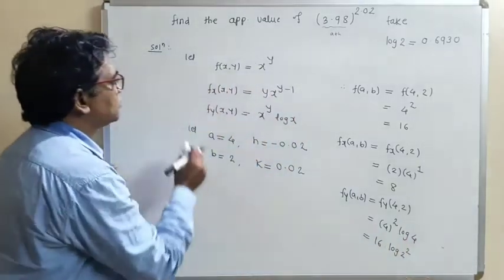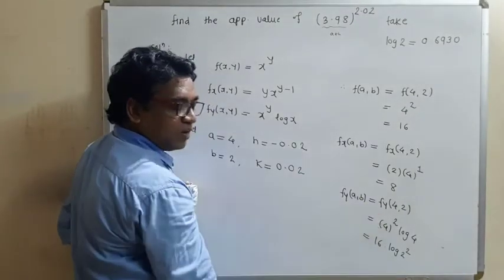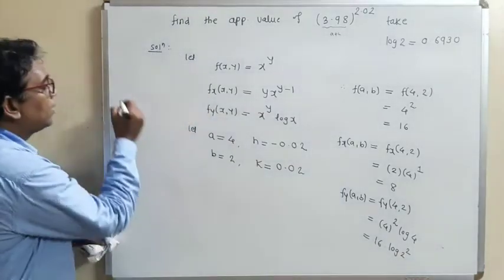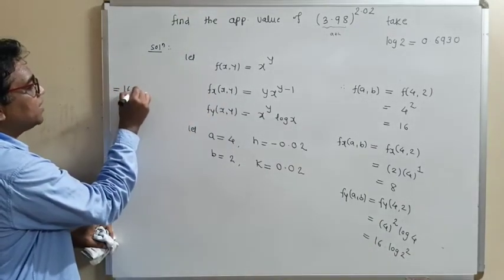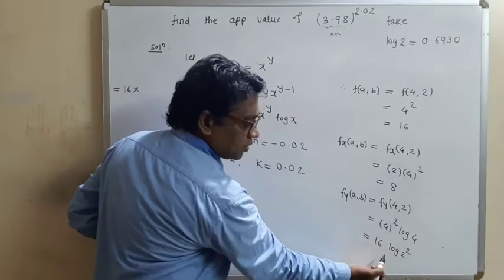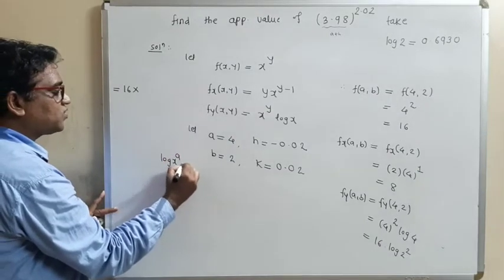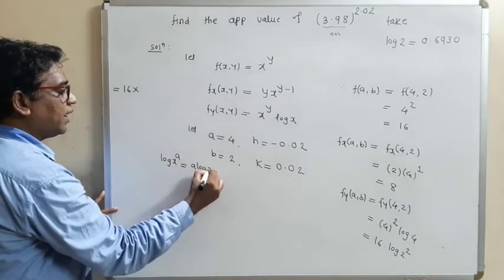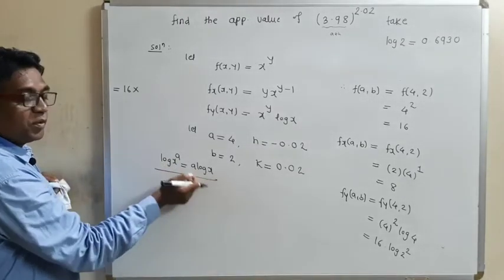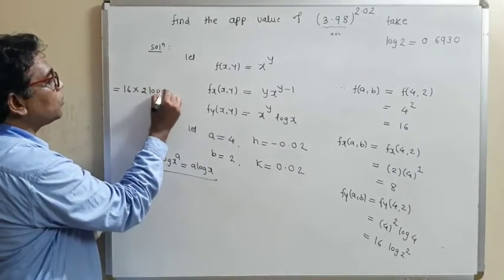So this is our calculation. 4 square is 16, and how to write log 4? Log 4 means log 2 square. So this is equal to 16 into, now transform this, this is the formula: log x raised to a is given by a log x. Just transform this a to this side, so this will be a log x. So this is 2 log 2.